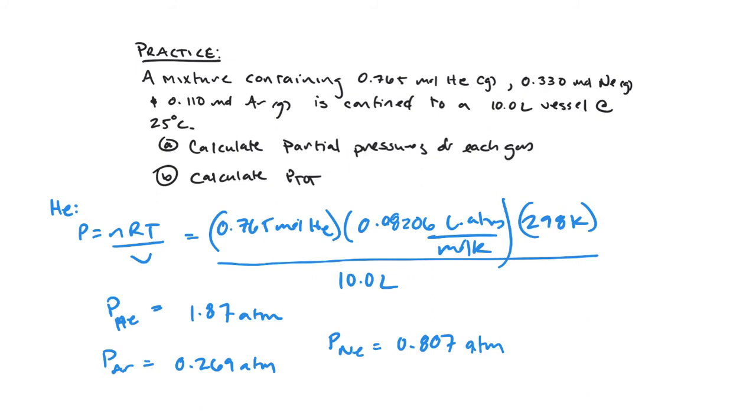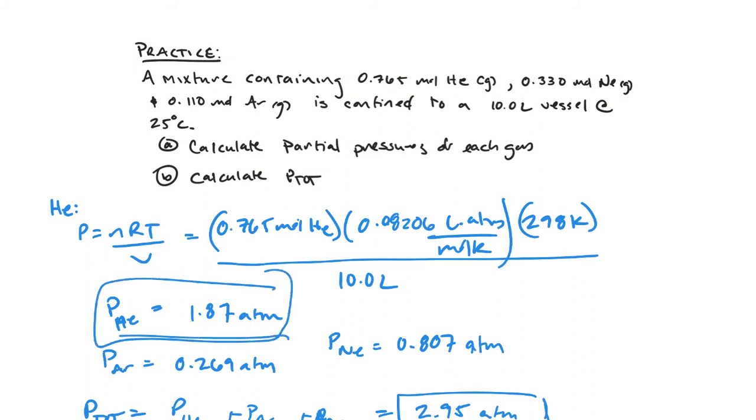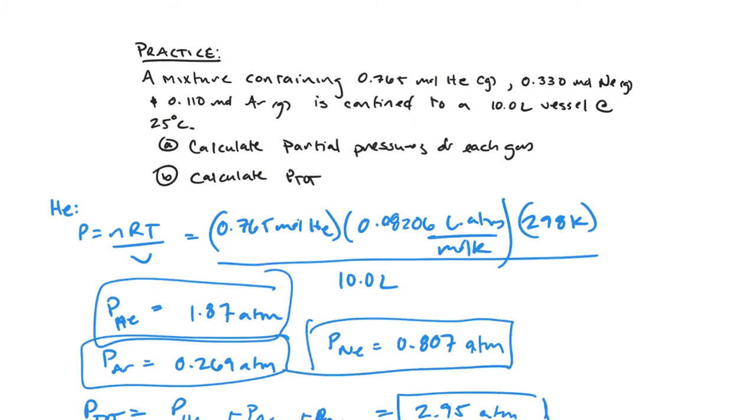So then the total pressure is going to equal the pressure of the helium plus the pressure of the argon plus the pressure of the neon, which, when you add all those numbers together, ends up being 2.95 atmospheres. So the total pressure inside the container is 2.95 atmospheres, and the partial pressures of helium, argon, and neon are as listed over there.